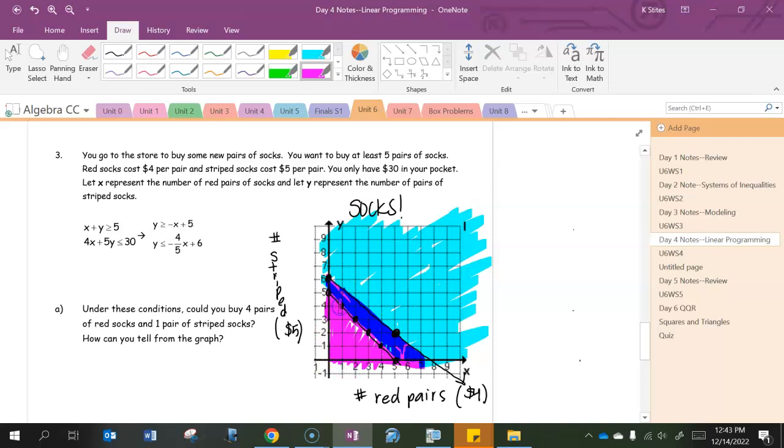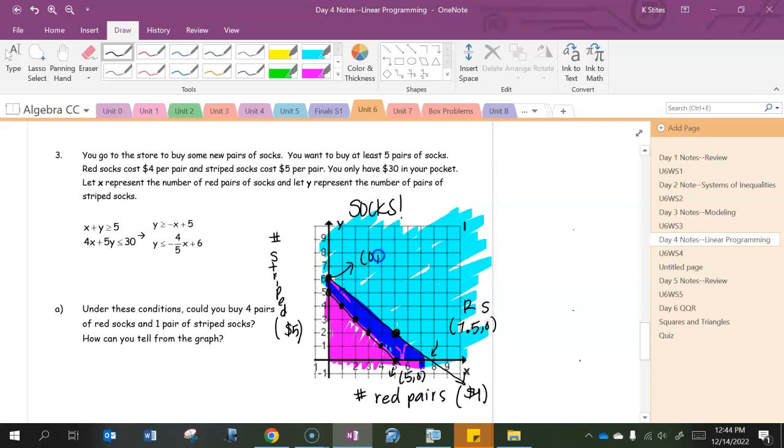All right, so I like to label my vertices. This one we don't really know what it is. I'm going to call it like a 7.5 for right now. It's something like that. This one is a 5, 0. Okay, and again, this is red pairs and then striped pairs.